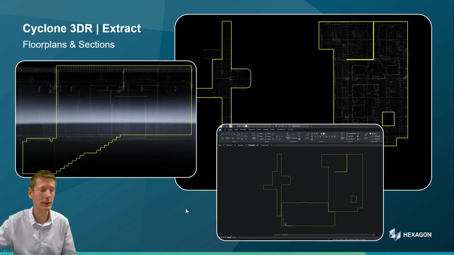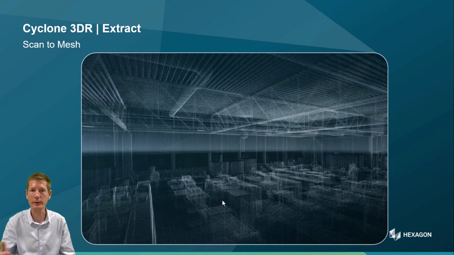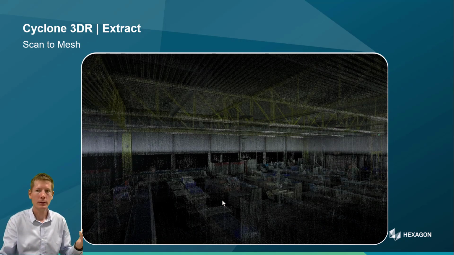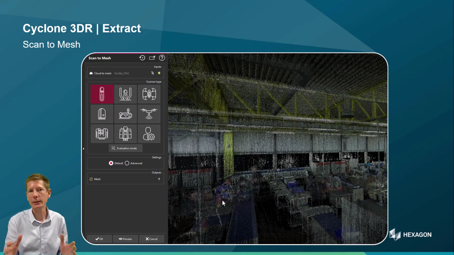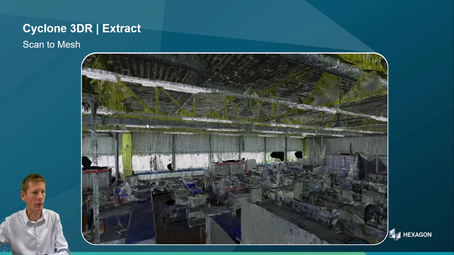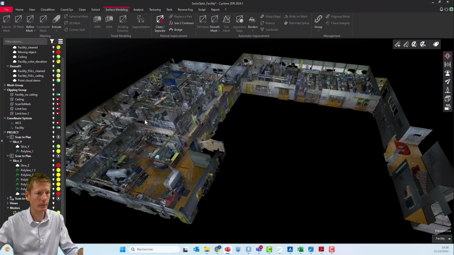This scan-to-plan tool is very useful, and you can also combine it with scan-to-mesh. So from your point cloud, what I really like here is this group of predefined parameters by type of scanner. And at the end, this is an easy model that you can manipulate for visualization and collaboration.